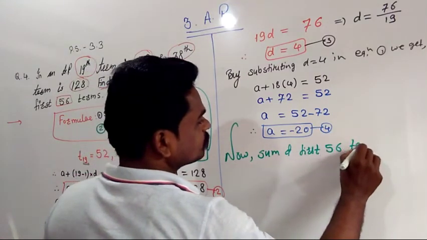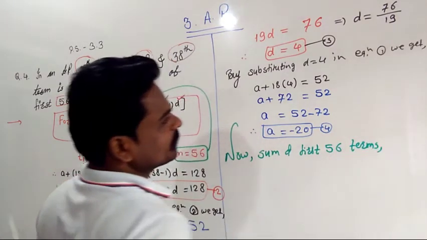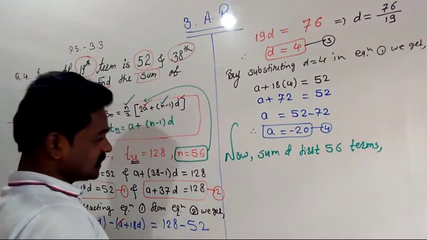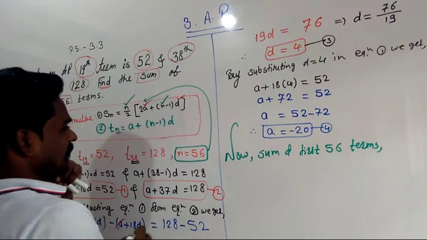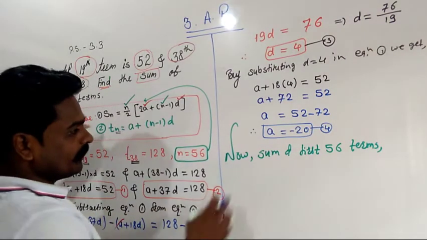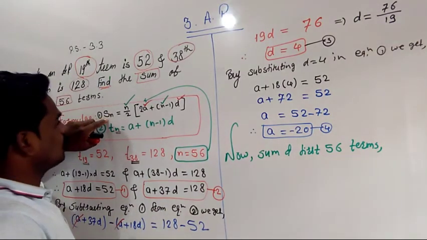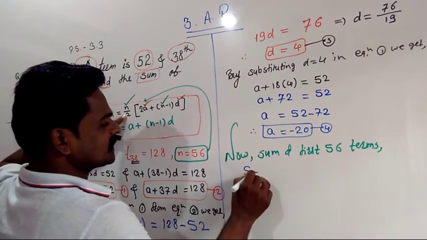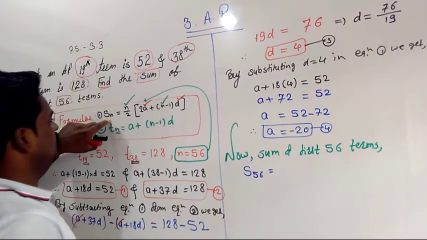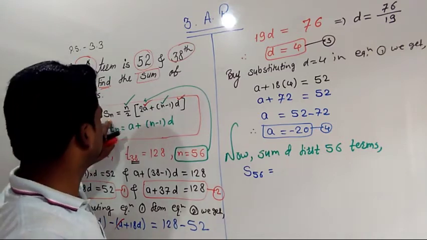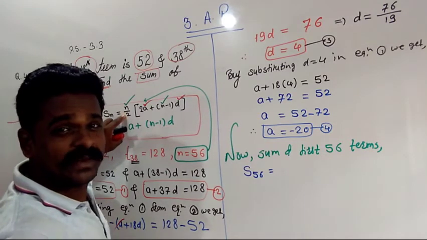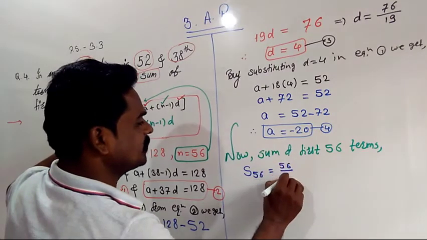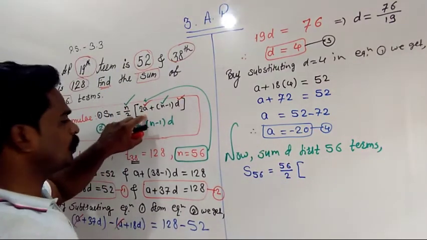Sum of first 56 terms is given by, so we can use this formula, equation number 1. S56 is equal to n by 2. N is how much? 56. So 56 upon 2 into the bracket 2a.